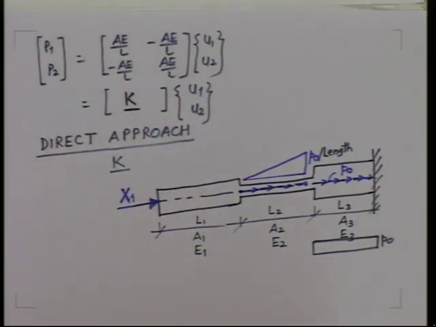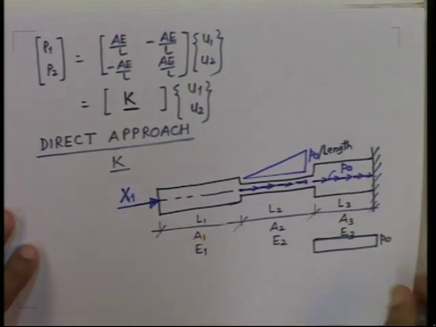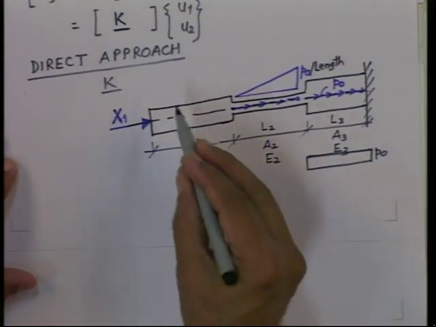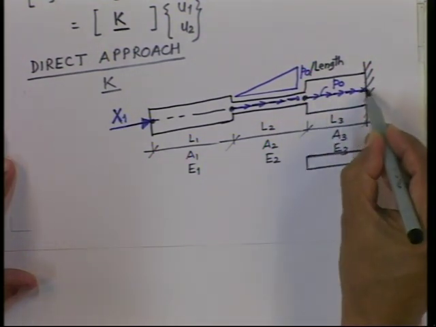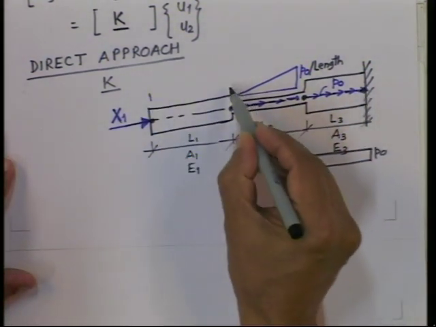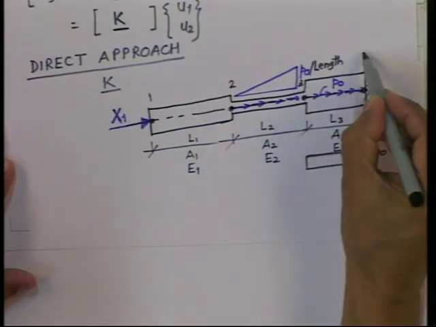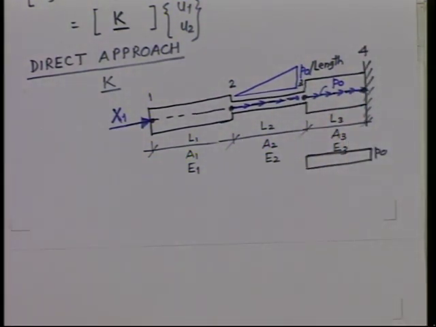Now, it is very simple. The basic problem that is coming here is this can be thought of as an assemblage of 3 elements, with 4 nodes.